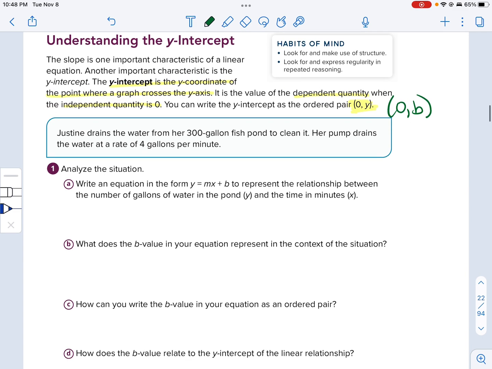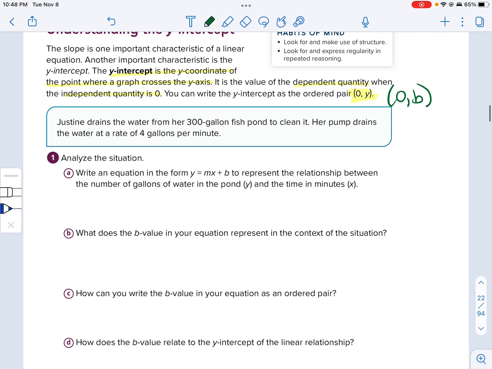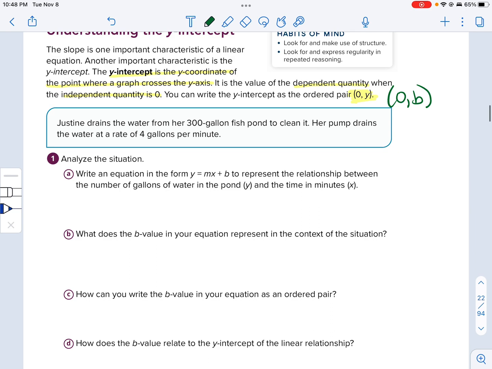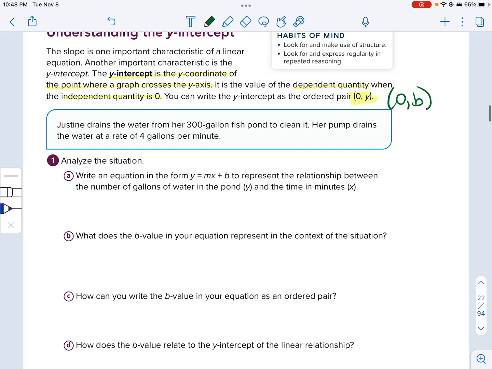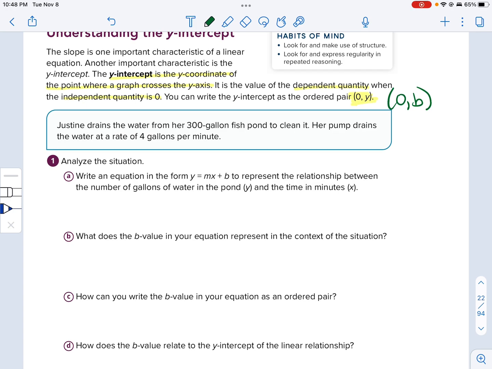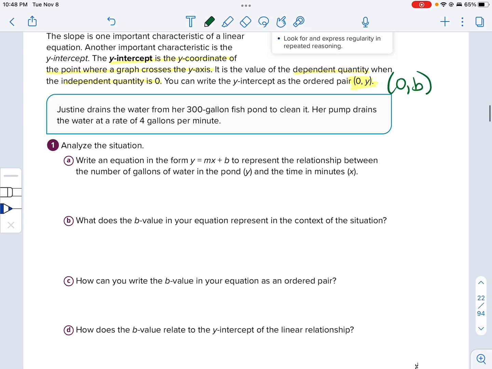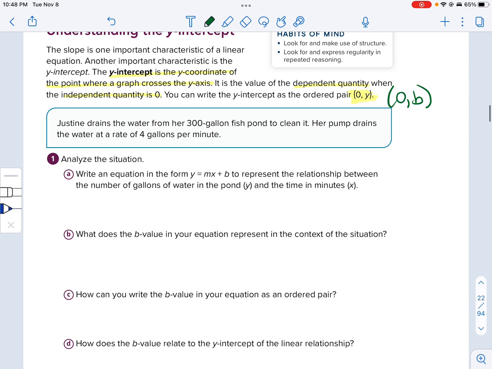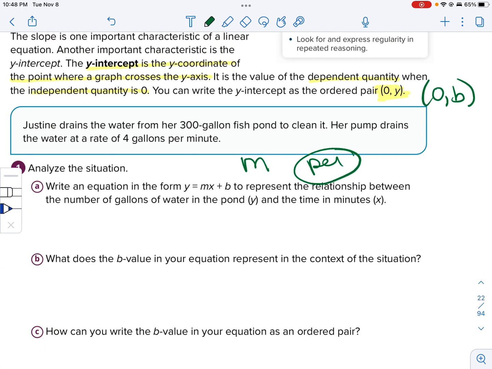Justine drains the water from her 300-gallon fish tank to clean it. Her pump drains the water at a rate of 4 gallons per minute. Write an equation in the form y equals mx plus b representing the relationship between the number of gallons of water in the pond and the time in minutes. Okay, so remember, when we're dealing with slope it always has a per in it, or a for, or out of every.